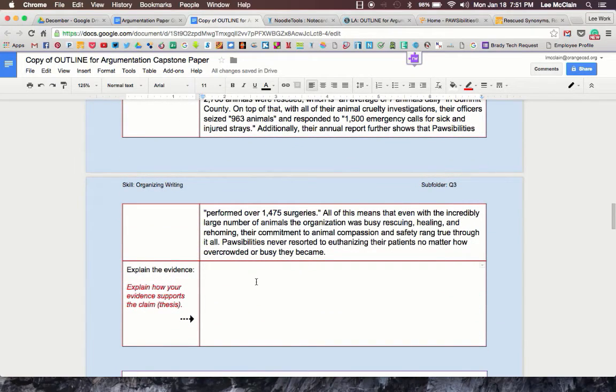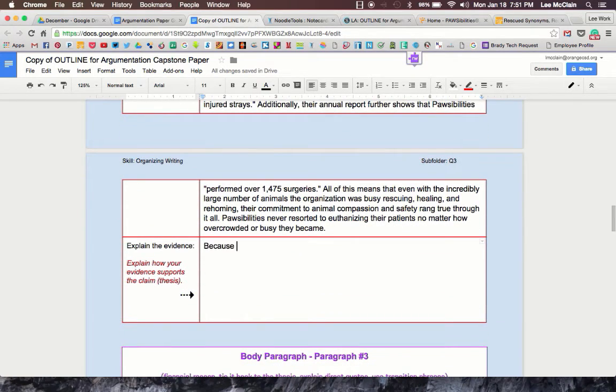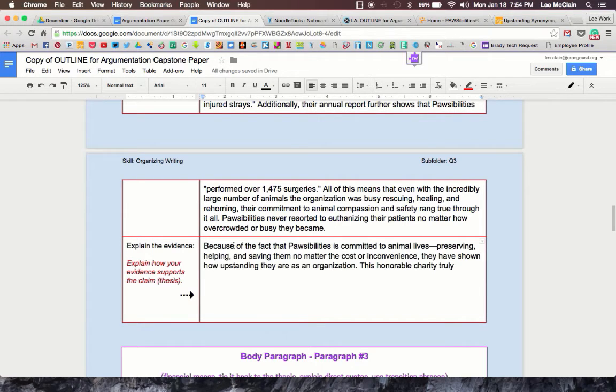Well, this is going to take some explaining. It's kind of like an if-then statement. Because of the fact that Possibilities is committed to animal lives, preserving, helping, and saving them no matter the cost or inconvenience, they have shown how upstanding they are as an organization.